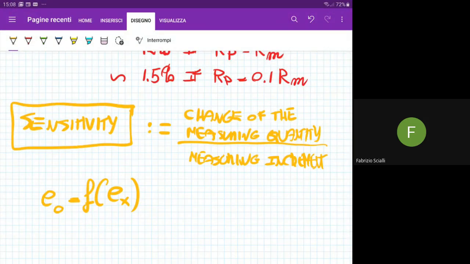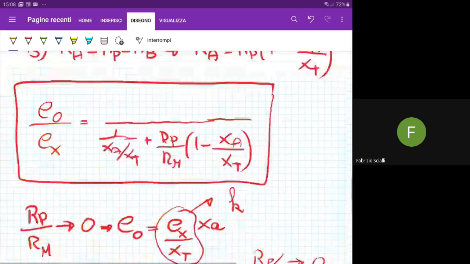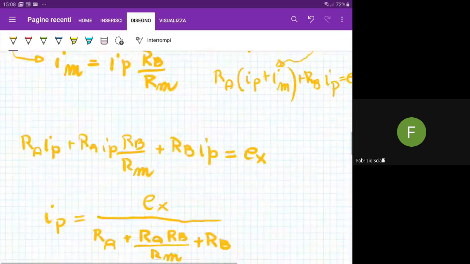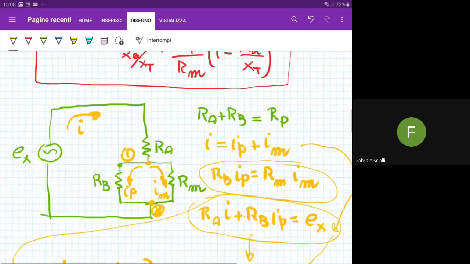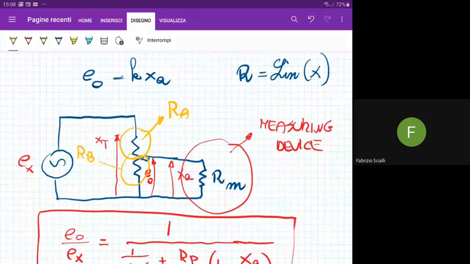So in order to increase the accuracy of the measurement, you can think that you can introduce here, your EX, the input tension, as large as possible, so that the sensitivity of your transducer increases.